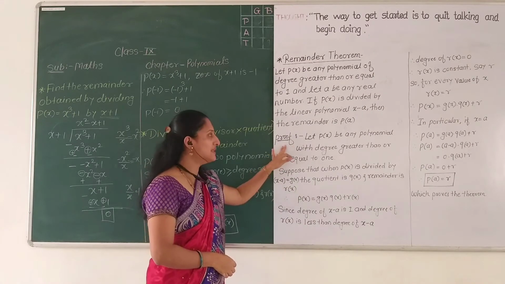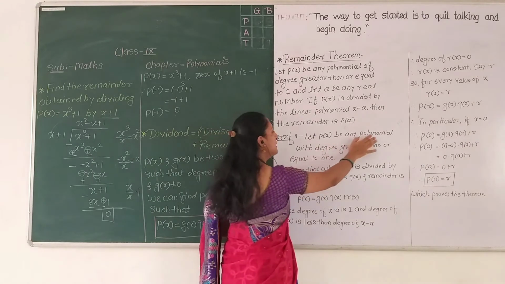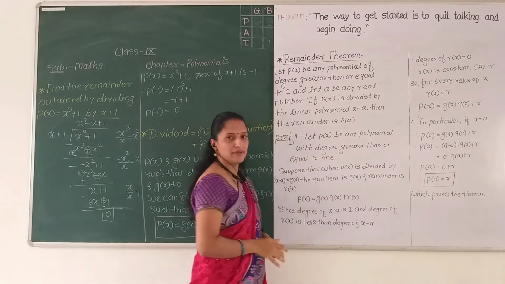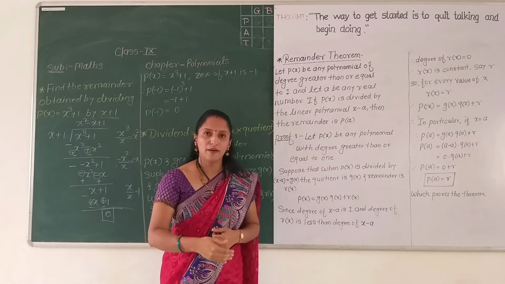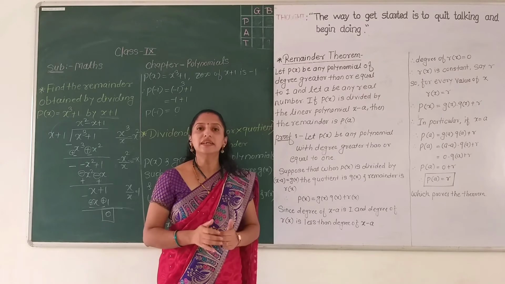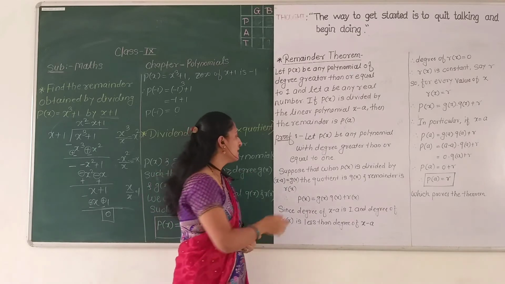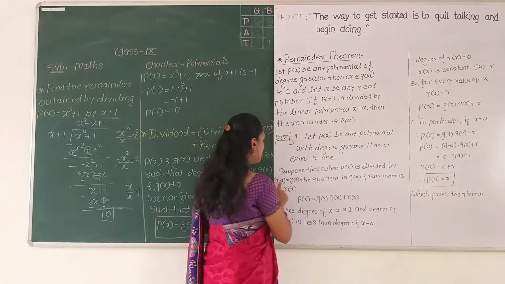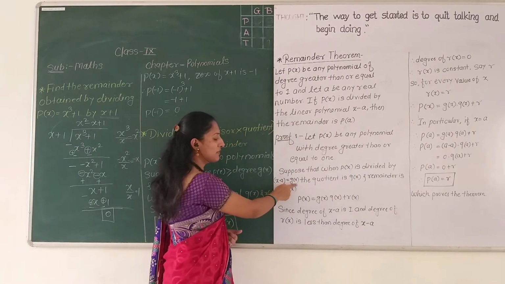We are given that P of x is any polynomial with degree greater than or equal to 1. That means P of x has degree greater than or equal to 1 since it is a dividend. Suppose P of x is divided by x minus a, which is g of x.